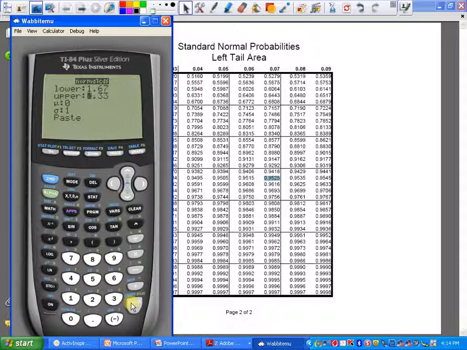Now our upper bound is basically positive infinity, and the closest we have in our calculator to positive infinity is e to the 99th power. Again, our mean is 0 and our standard deviation is 1 because we're working with z-scores. So now I can paste that. Notice now I will not have to subtract from 1. I'm getting the probability greater than 1.67, so this will be my final answer.